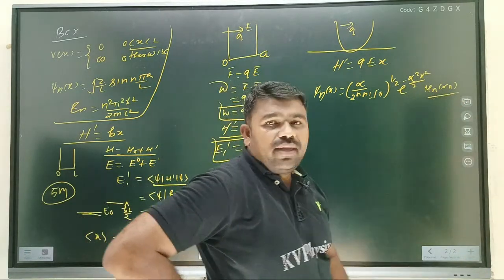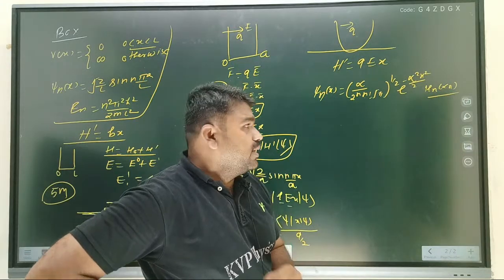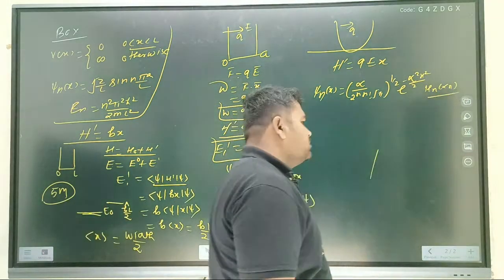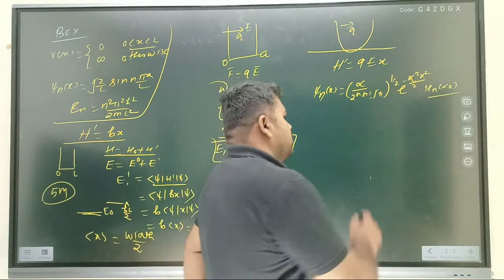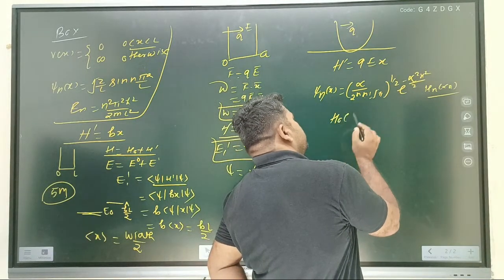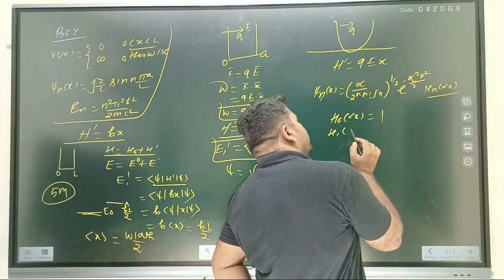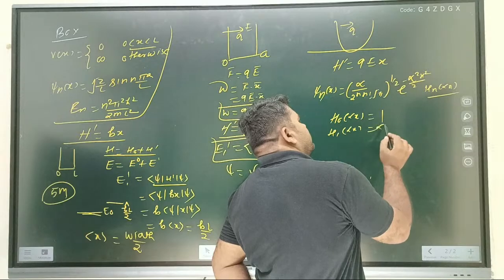And Hn of alpha x is known as the Hermite polynomial. When n is even, this function is even. Means H0 of alpha x we get 1, and H1 of alpha x is like alpha x.